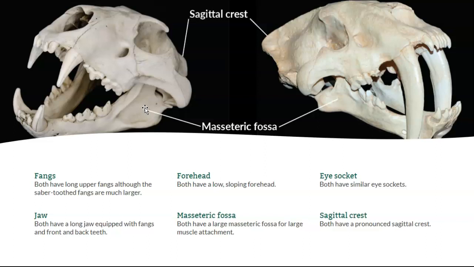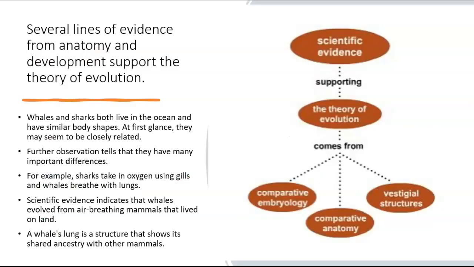So they have a strong jaw, strong muscle controlling that jaw. And then finally the sagittal crest, and that's the little point here at the back. Both have a pronounced sagittal crest, again having to do with muscle attachment. Okay, so several lines of evidence from anatomy and development support the theory of evolution.